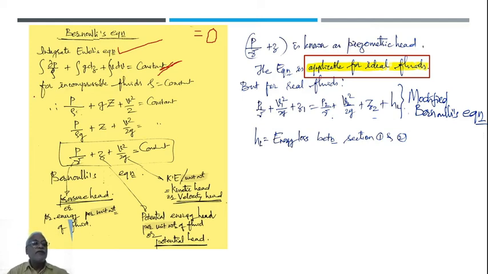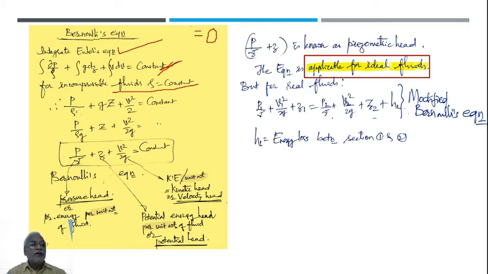Now if you simplify, for incompressible fluids, ρ is constant. So now if you integrate, keeping ρ as constant, it will be P/ρ, because ∂P integrated gives P/ρ, plus g is held as a constant, so integrating dz gives z, plus V dV gives V squared by 2, is equal to a constant.